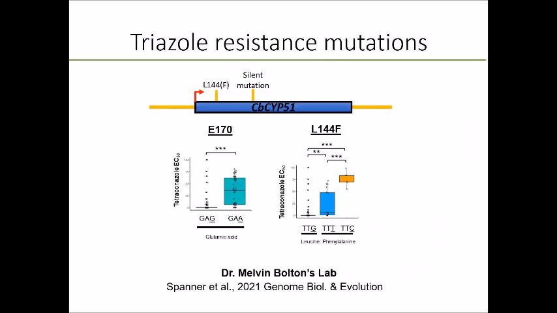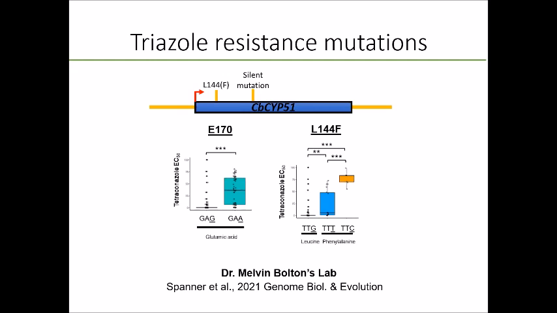So Melvin's lab had already kind of isolated out two of these markers. This E170 and L144F is what they're titled, and they're both in the target for DMI fungicides. And what you can see in these charts here is that if you have this GAG as opposed to this GAA mutation for this E170 mutation, if you have the A here, you get much more resistant isolates trending up.